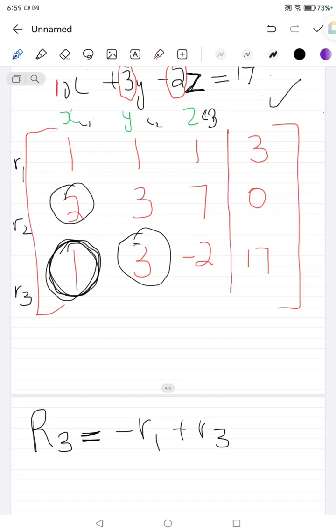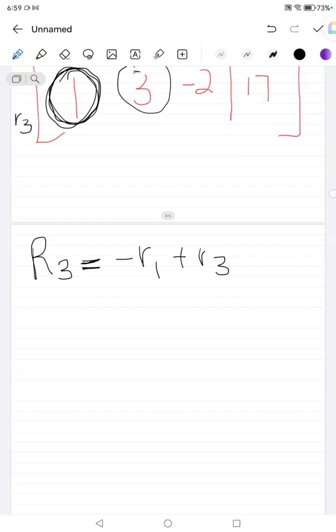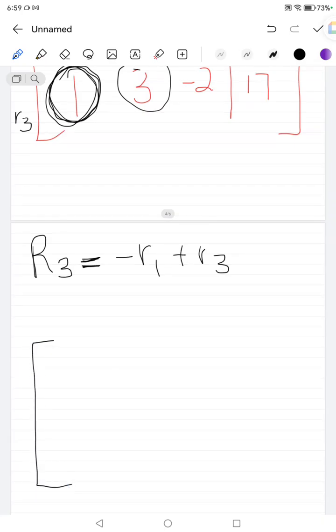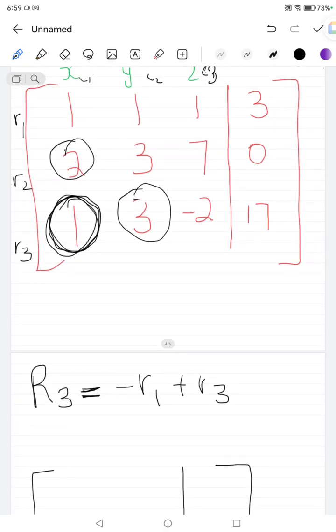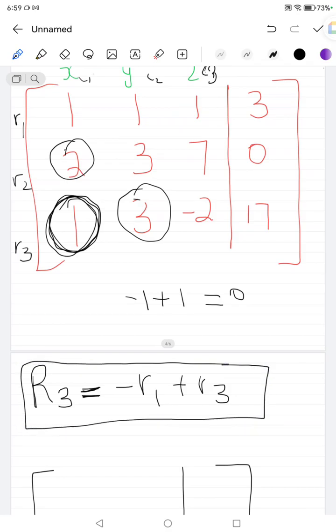So we're going to do it step by step. You will see your row 1. If I have minus 1 plus 1, this will give me 0, which is what we're looking for. Remember, I'm using this equation that I've created here.